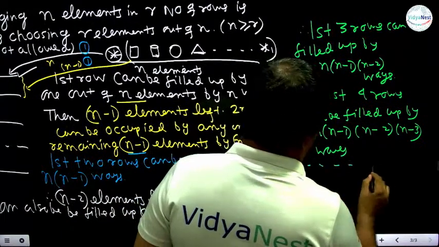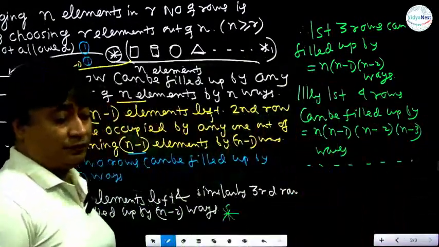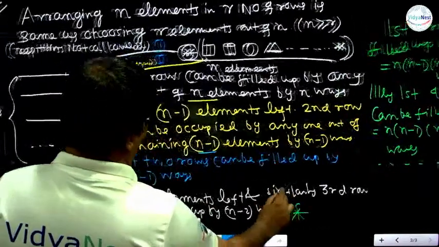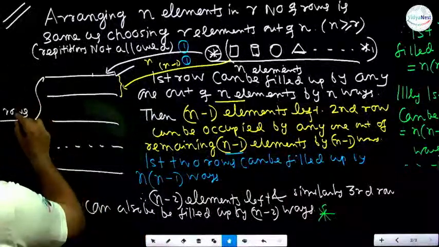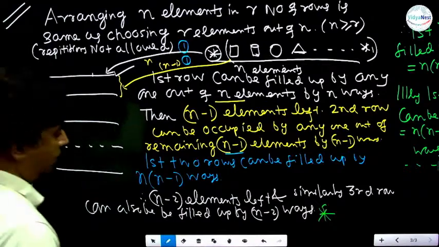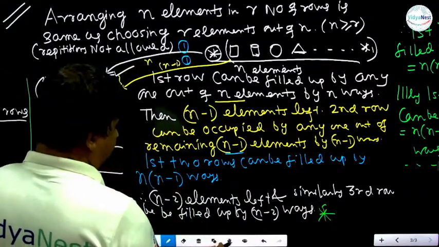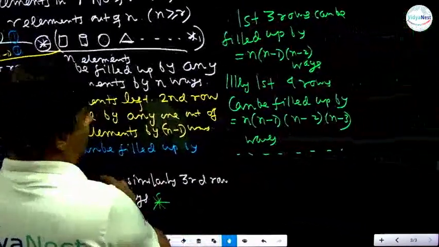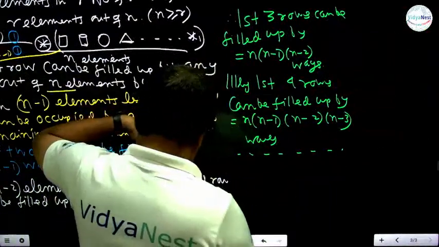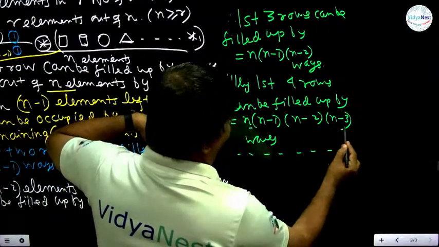So keep on proceeding with the filling and see how many rows there are. Total r number of rows are there. You observe the first 4 rows are filled up with n up to n minus 3.